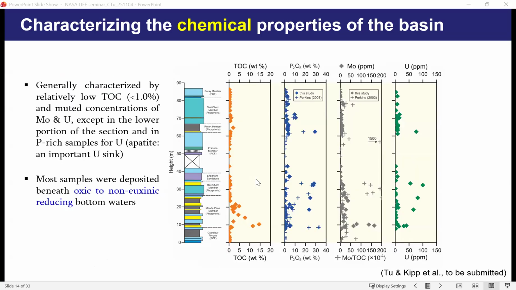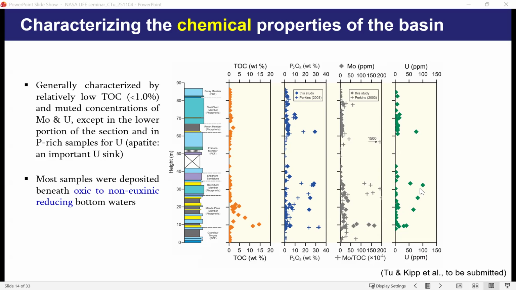Okay, so now let's focus on our data. First, this column is phosphorus oxide content. You can see there are episodic enrichments. Our core samples are generally characterized by relatively low TOC, less than 1%, and muted concentrations of molybdenum and uranium, except in the lower portion of the section and the phosphorus-rich samples for uranium.